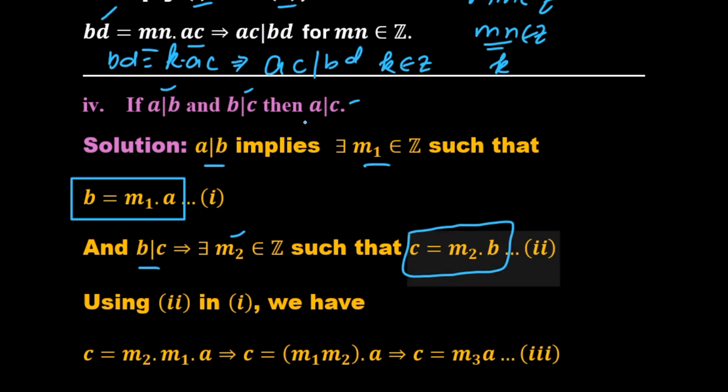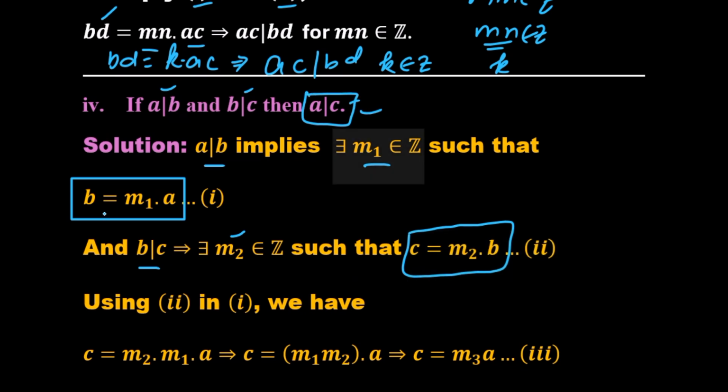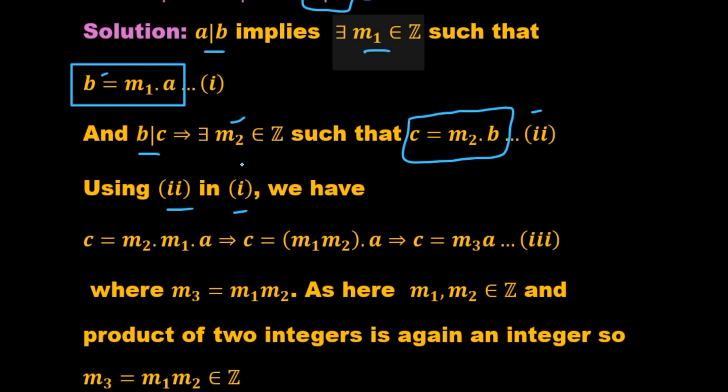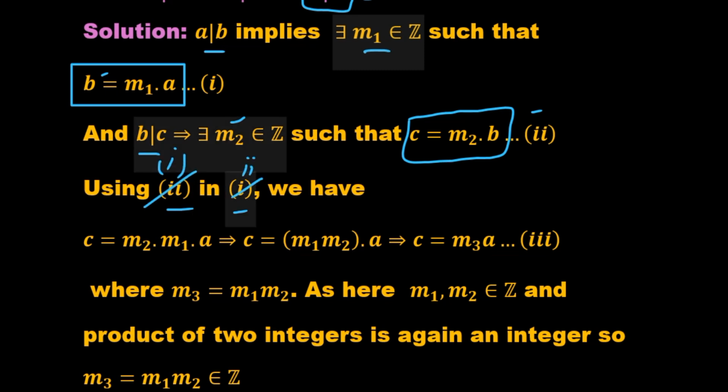Now in the final definition, we have to show A divides C. It means we have to eliminate B from here. So we put the value of B from 1 in 2. Using 1 in 2, we have C is equal to m2 into m1 a.